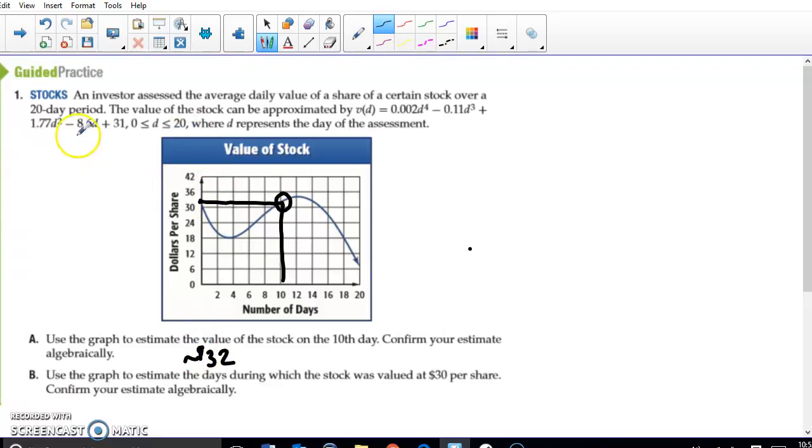We're going to check that by plugging 10 in for D into our equation. And so every place there's a D, we're going to substitute in.